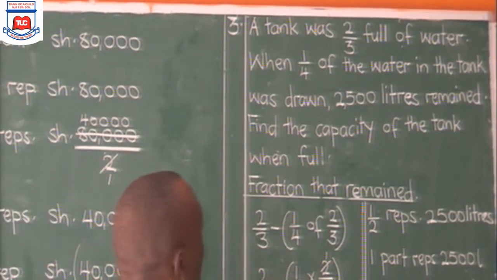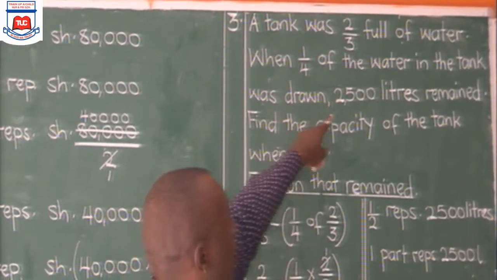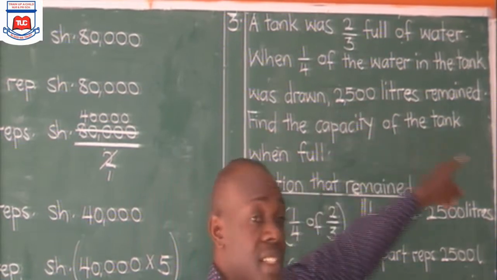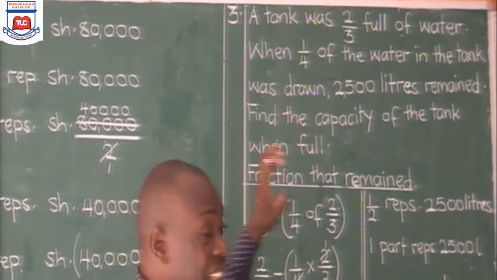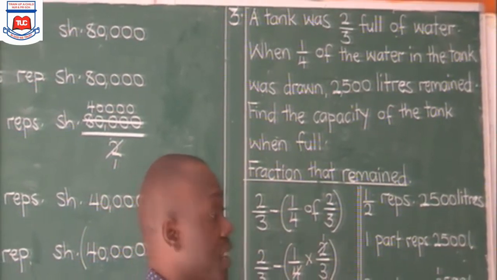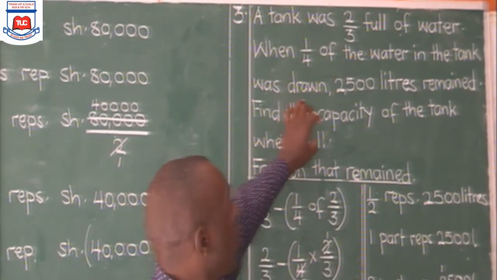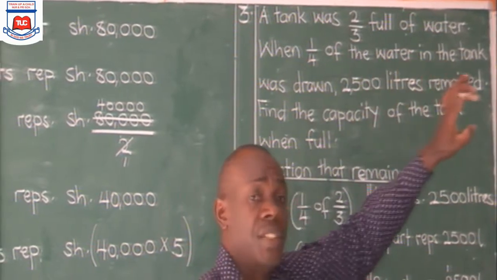Here, somebody must know what 2,500 liters stand for. They stand for the remaining number of liters of water. So meaning you have to look for the fraction that remained.